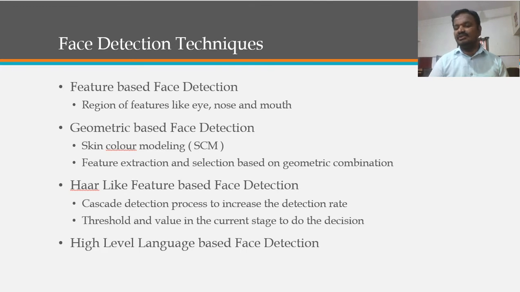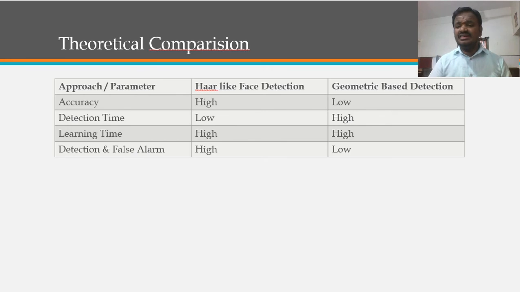Based on that, we can assume whether it is a face or not. We have a theoretical comparison between the different techniques, approaches and parameters: Haar-like face detection and geometric based face detection.